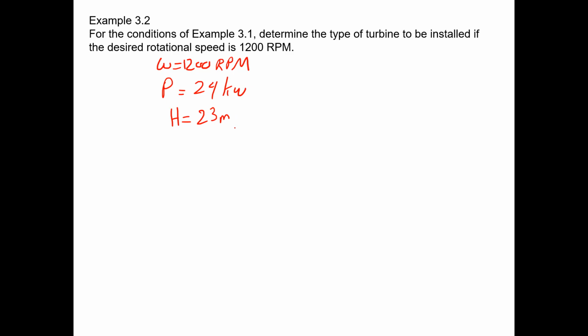So if we plug in our numbers, I know that 1 horsepower is 745.7 watts. If we take our equation for the specific speed of a turbine, again, this is the non-dimensional form, we have angular speed multiplied by the square root of work in horsepower divided by the height in feet.